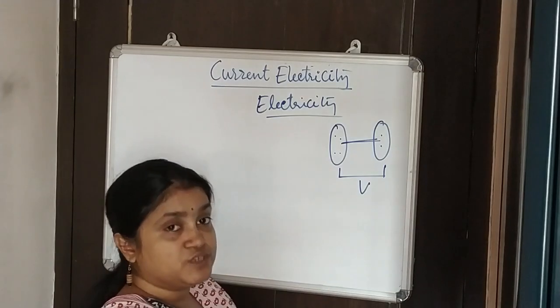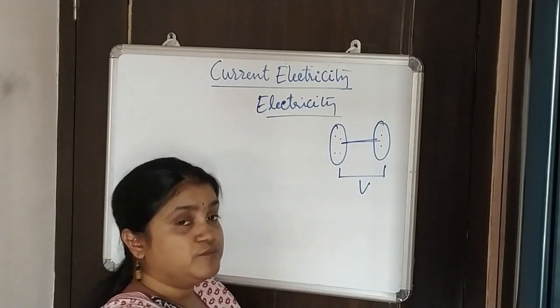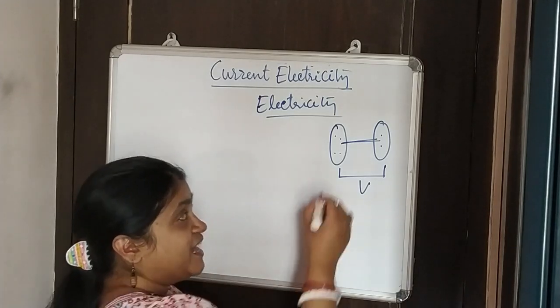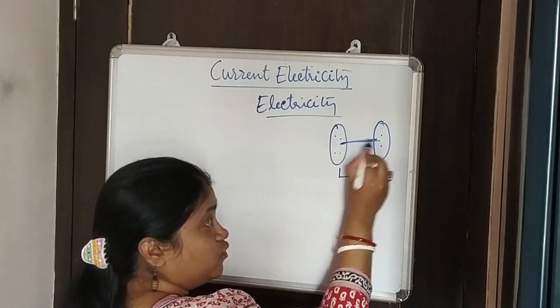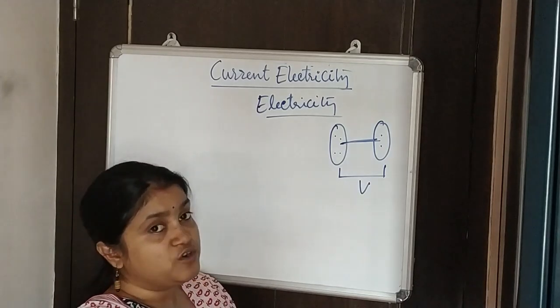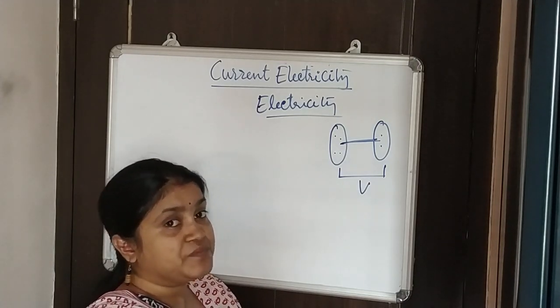Whichever is kept at higher potential, from there to the lower potential we have a charge flow. And this rate of flow of charge is what we have called the current.